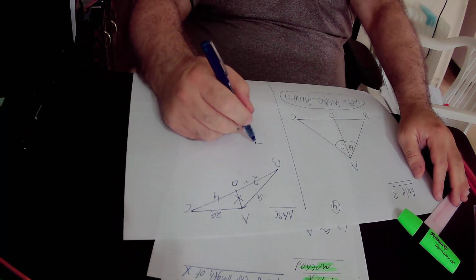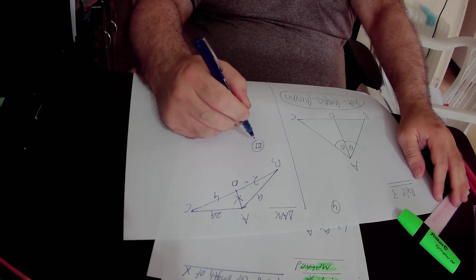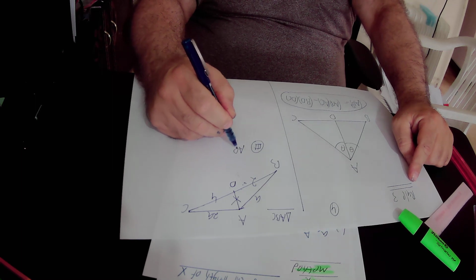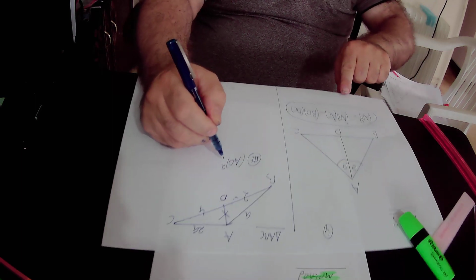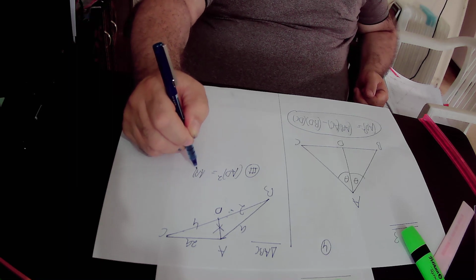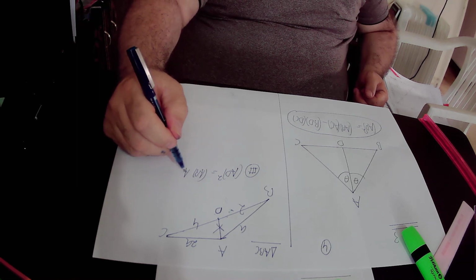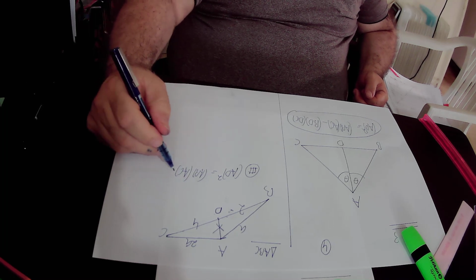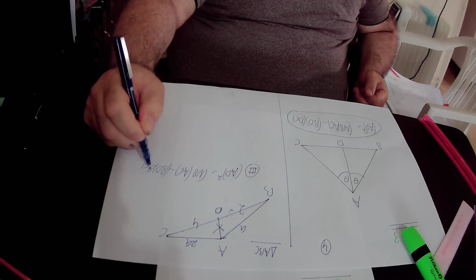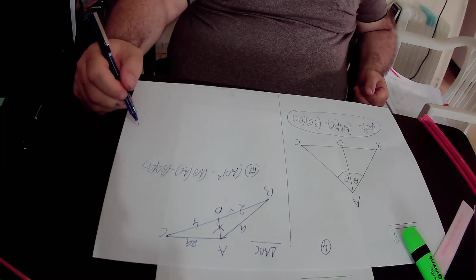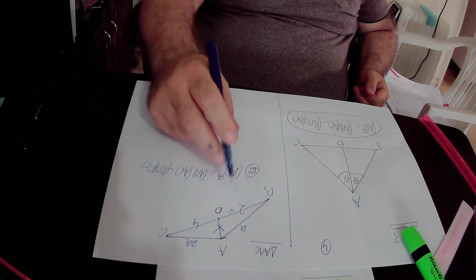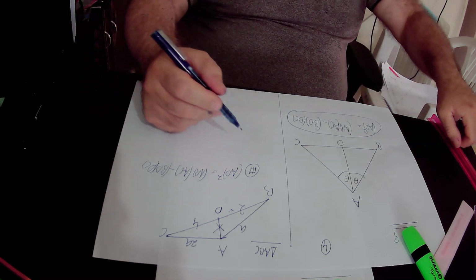So according to rule number 3, AD squared equals AB times AC minus BD times DC. Okay, AD equals X, so AD squared is X squared.